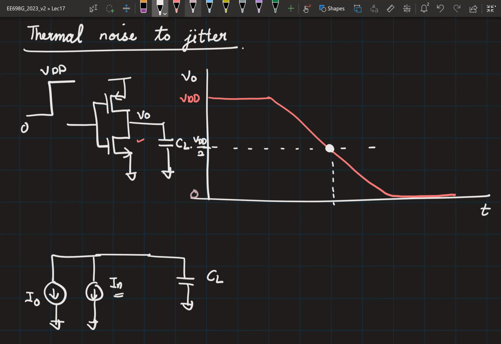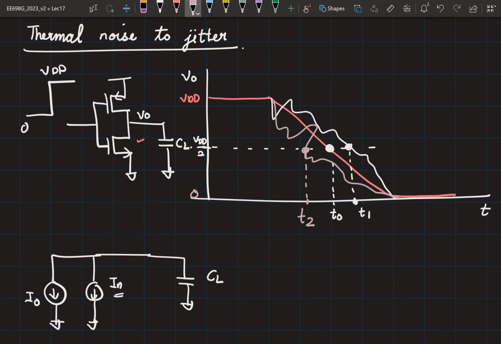For example, maybe in the presence of noise, this does something like this. So now, instead of crossing at, let's say, T0, it is crossing at T1. This voltage is reaching VDD by 2 at T1. Maybe if I observe it for a different edge, it is going like this. So then this is happening at T2, etc.